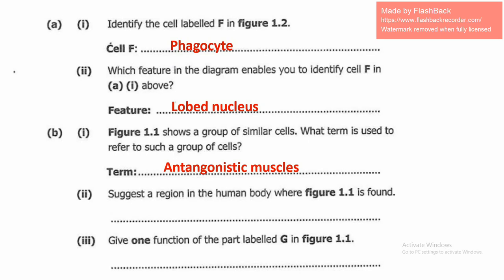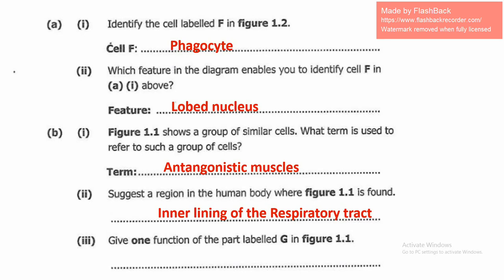Ciliated cells specifically are found in the inner lining of the respiratory tract, like in your nostrils. Okay, we have ciliated cells there.